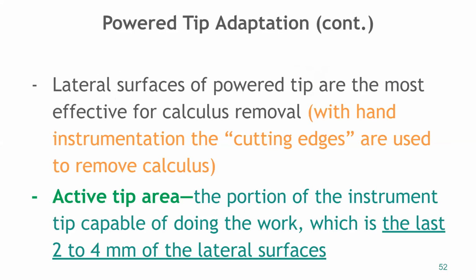With hand instrumentation, the cutting edges are used to remove the calculus. But our active tip area is going to be the portion of the instrument tip capable of doing the work, which is the last 2 to 4 millimeters of the lateral surfaces. So same thing as our hand instrumentation, guys. We want to use the end 2 to 4 millimeters of our lateral surfaces for our calculus removal, okay?